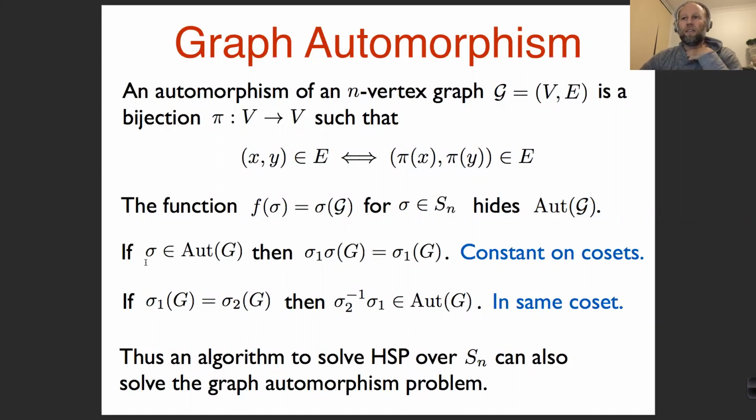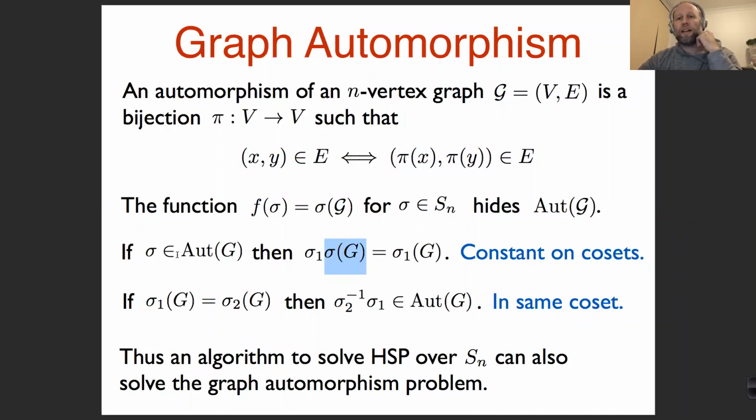Okay, well, constant on cosets, that's easy, right? Because if sigma is in the group of automorphisms, that means that sigma of G is just G again. So sigma 1 composed with sigma of G is just sigma 1 of G. And this holds for any sigma in the automorphism group.